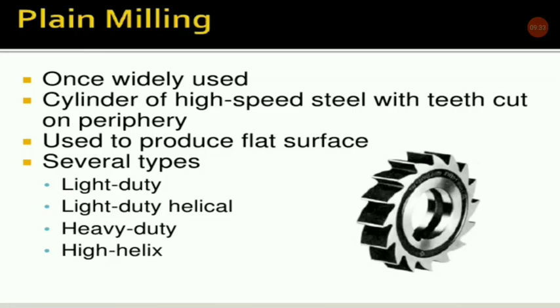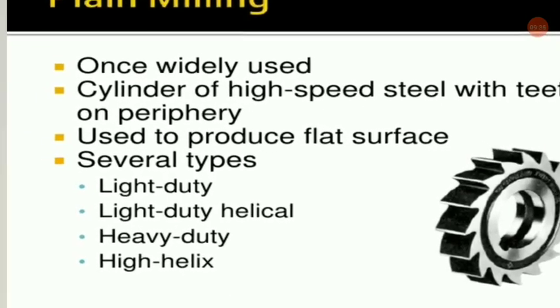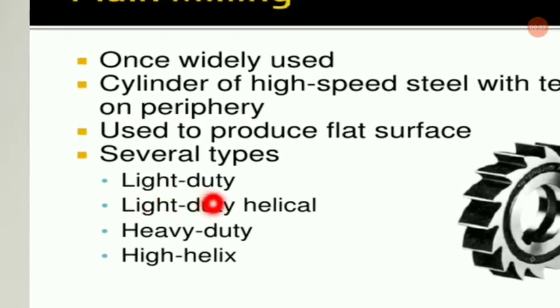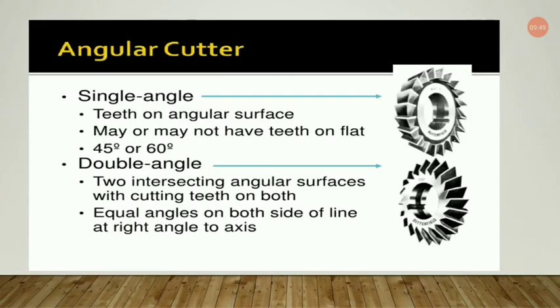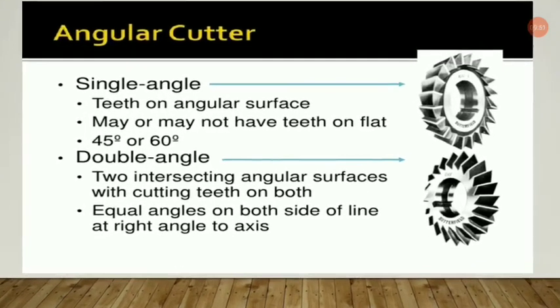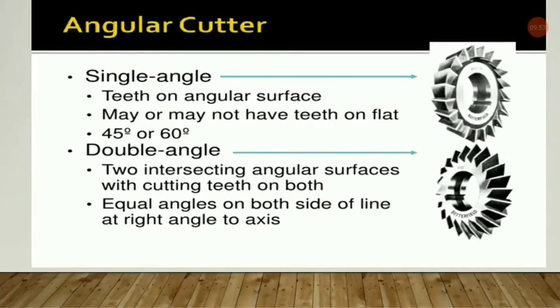Next, it has several types. One is the light duty, next is the light duty helical, next is the heavy duty, and next is the high helix type. That is the use of the plain milling cutter. Next is the angular cutter.